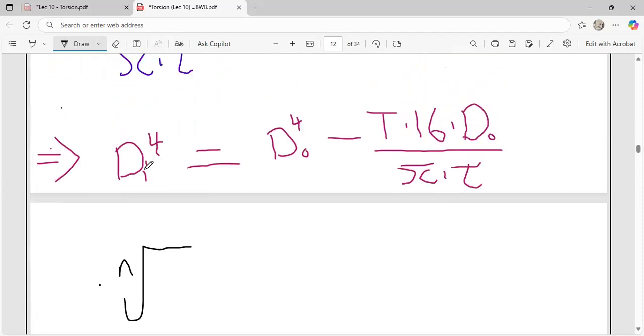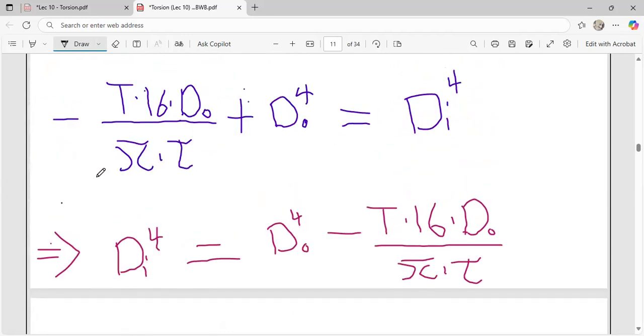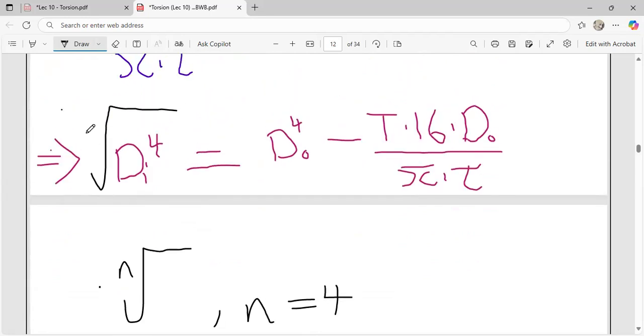But in this case, the value of our n is equal to what? 4. So we are going to take the nth root of both sides, where n is 4.